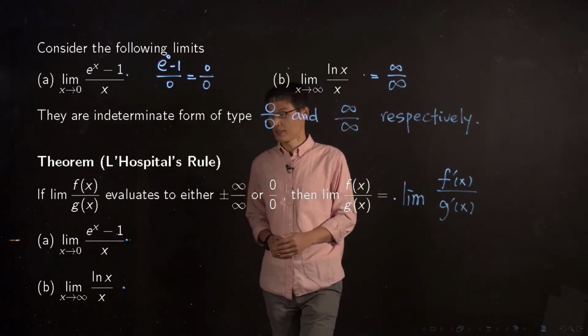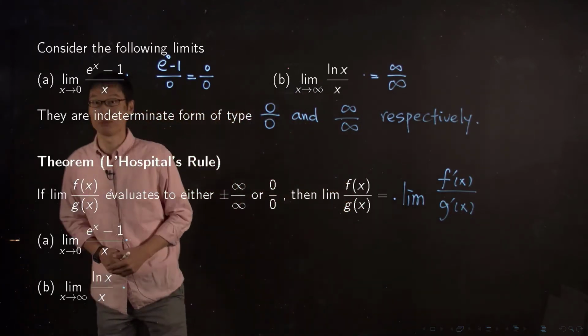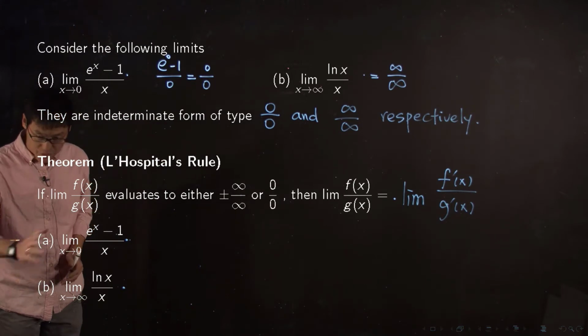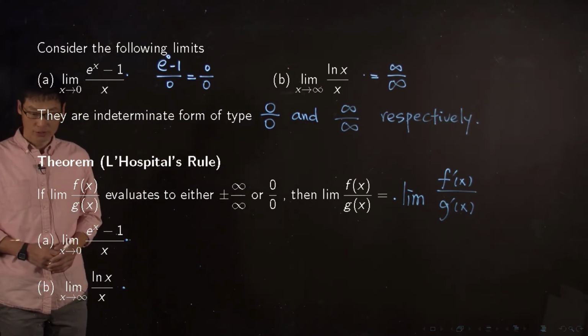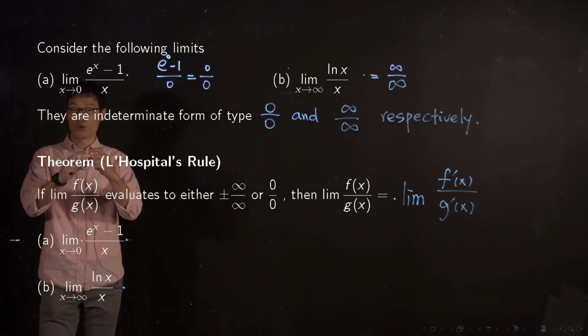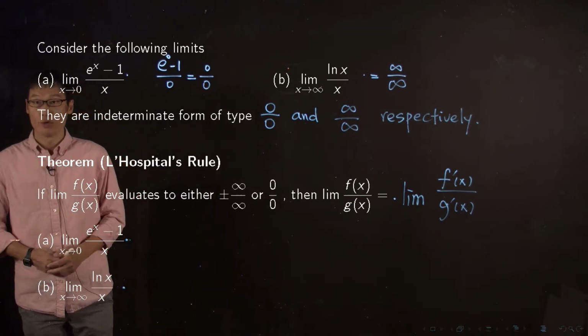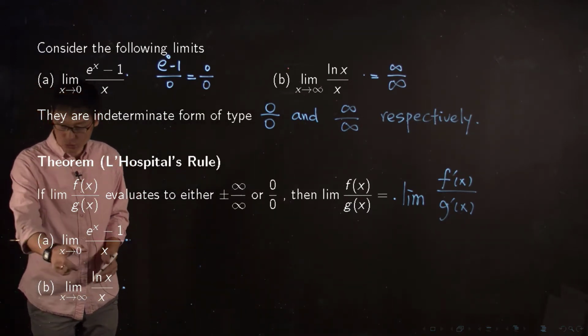Let us apply this method to our previous examples. As the theorem says, this expression is of 0 over 0 form, so we can apply this theorem. When you plug in 0, we have 0 over 0.